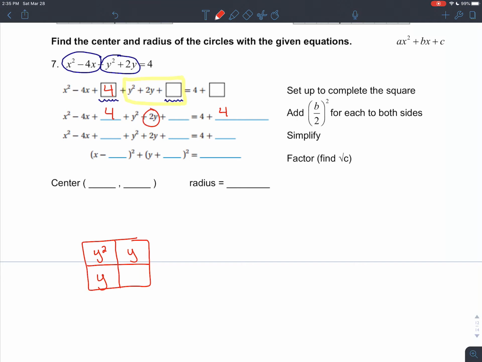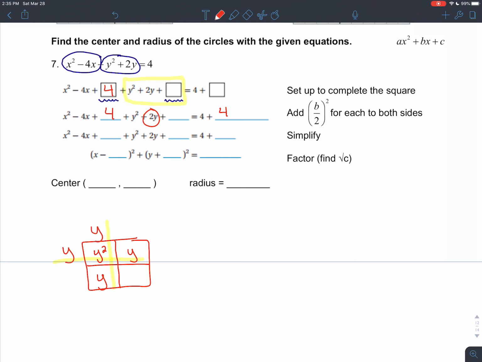And put one of them on one side and one on the other side so that we can continue to make a square. So if we are taking something out here, the thing that they have in common is a y. If we are taking something out here, the thing that they have in common is a y.